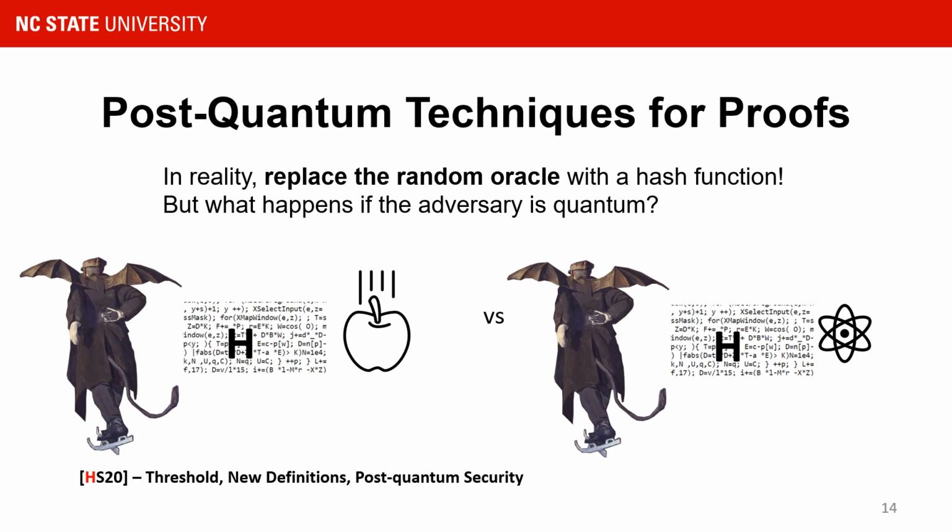So in my work, I showed a threshold ring signature that had quantum access to the random oracle for the first time. And with this, we showed that it was important not only to think about whether your hardness problem was post-quantum secure, but also whether your proof technique was post-quantum secure.